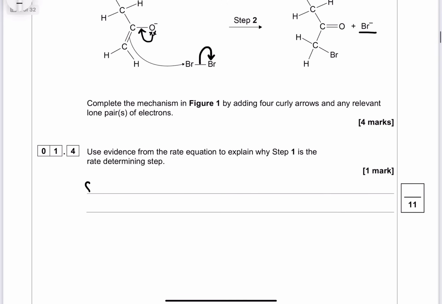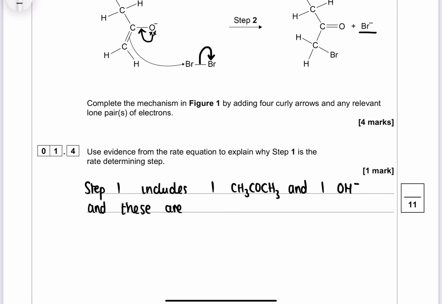So step 1 includes 1 propanone and 1 OH minus, and these are the species and orders in the rate equation.